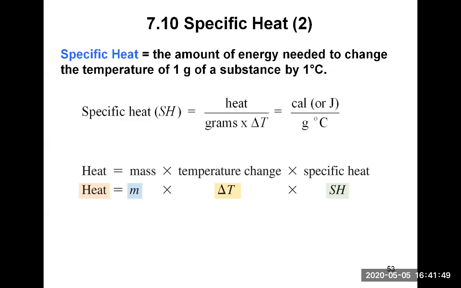So you will have heat by itself. And on the other side of the equal sign, you will have mass times delta T times specific heat. And so there you go, you get this formula that says heat is equal to mass times temperature change times specific heat. If we only write the symbols, it's heat equals m times delta T times SH.